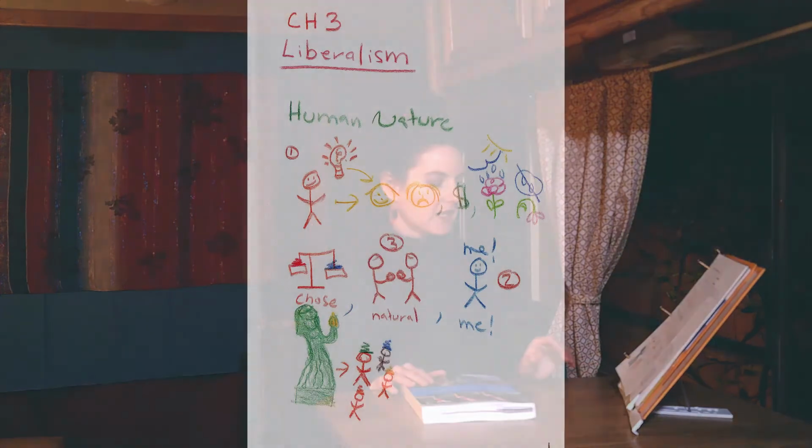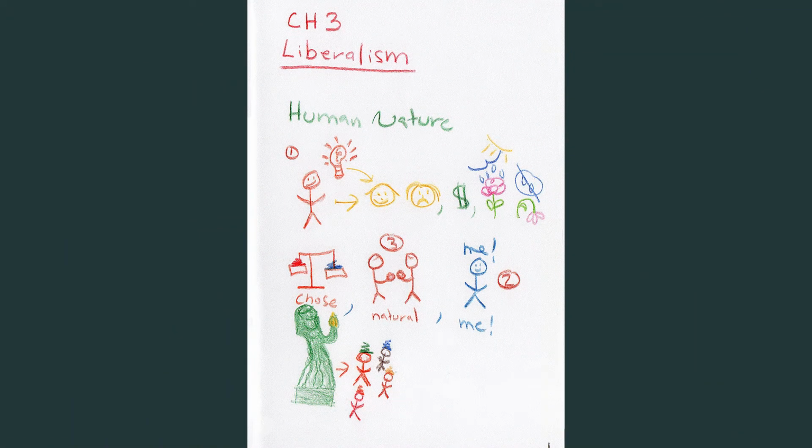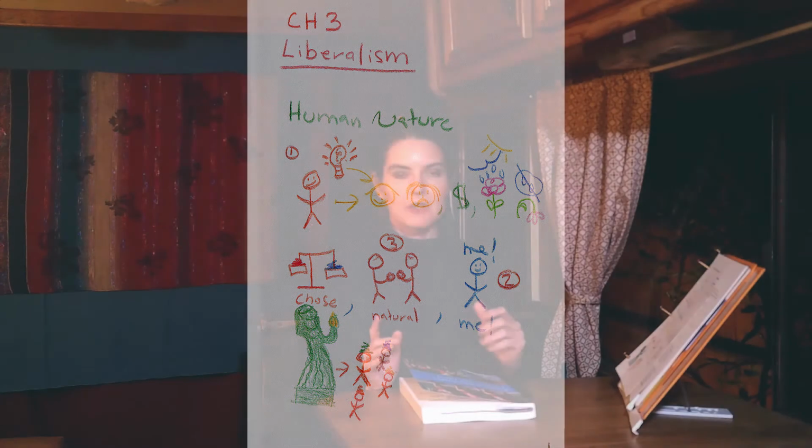On the bottom here is my little Statue of Liberty, and people with a bunch of different hats. So liberty is another term that's going to come up, the difference between liberty and freedom. But basically, these people are allowed as individuals to wear whatever colored hat they want. So you can see that there are lots of different colored hats, to embrace their own individual ideas, maybe their own individual way of dressing or looking or being.